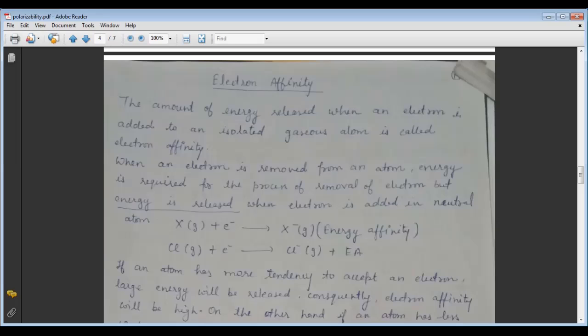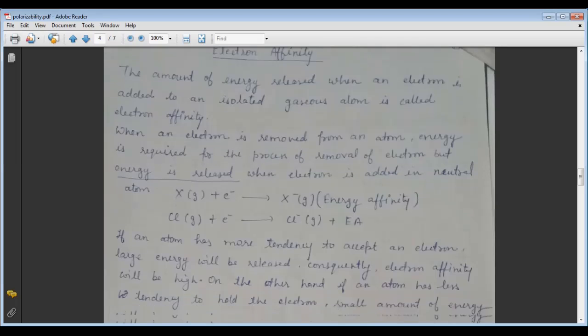Bringing the electron in means the atom now has a negative charge. So this energy is called the electron affinity. Let's take the example of Cl. Cl in the gaseous state, electron is here, now it gives Cl negative, and this is the energy.